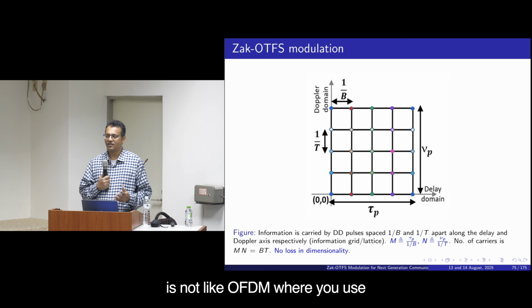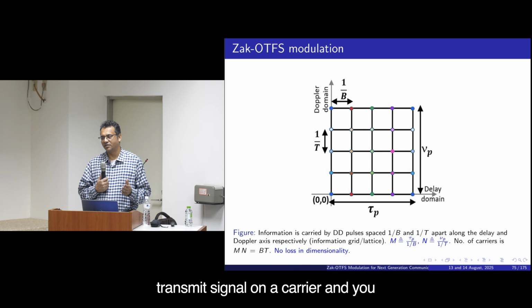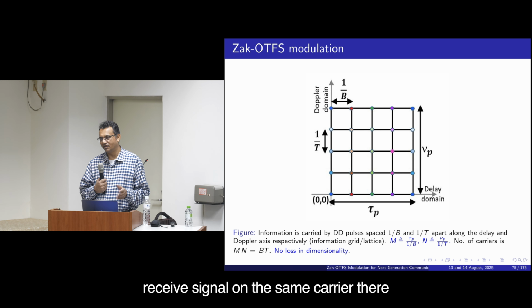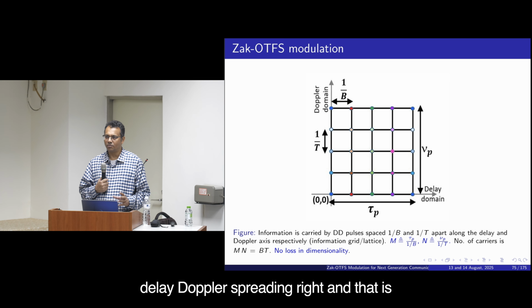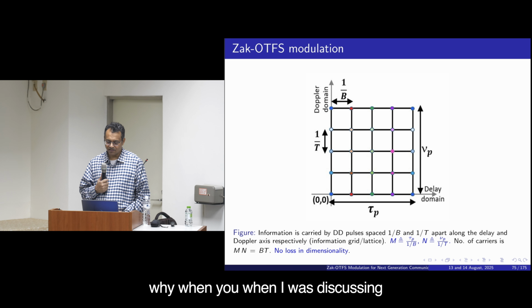So it is not like OFDM where you transmit a signal on a carrier and you receive the signal on the same carrier. There is a spreading, right? There is a delay Doppler spreading, right? And that is why when I was discussing equalization, you have to equalize all of them together.